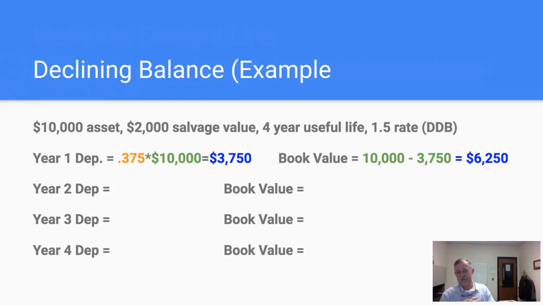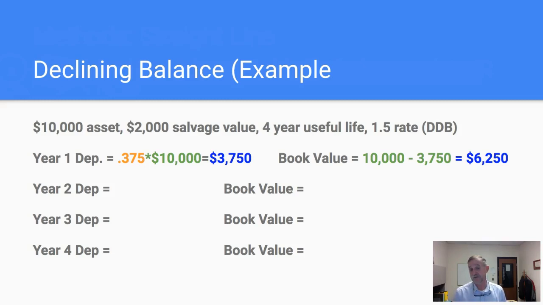Actually, the calculation is the same if I just take my rate divided by my useful life times the remaining value, okay? And in this case, the rate of 1.5 divided by 4 equals 0.375, means that we're going to depreciate 37.5%, another way of saying that, of the value of that asset per year.